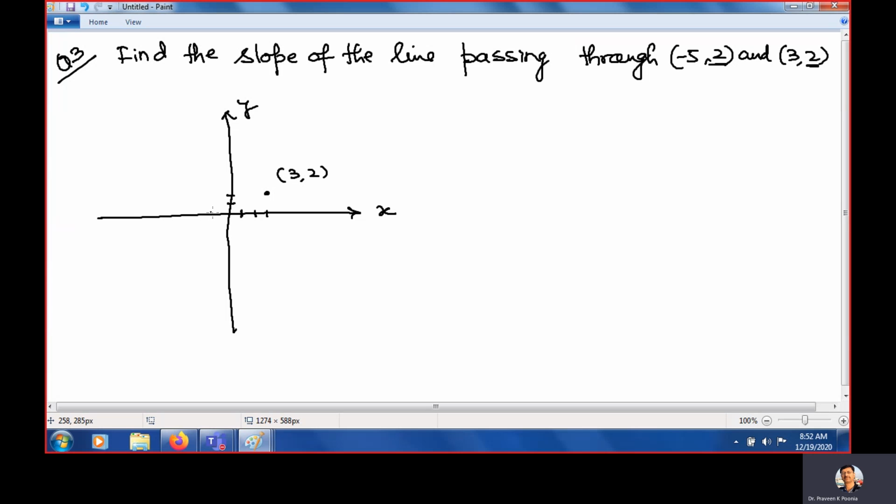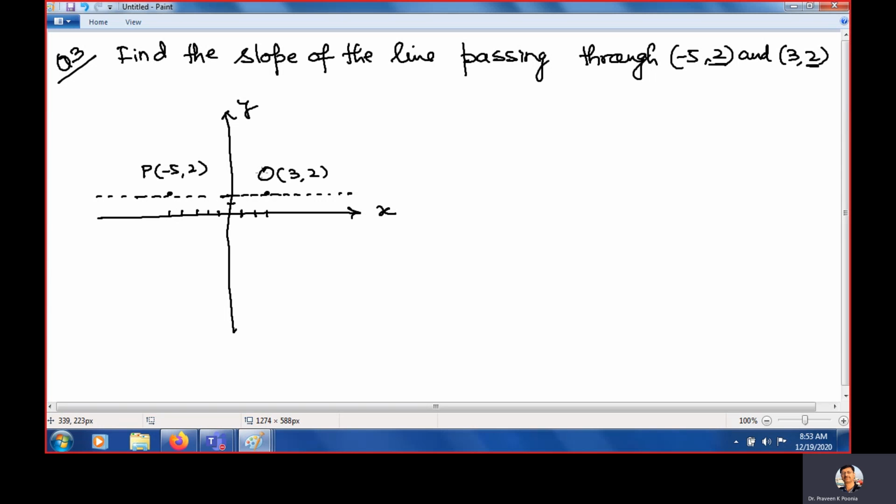And what is it? Minus 5. Minus 1, minus 2, minus 3, minus 4, minus 5. And minus 5, 2. This is minus 5, 2. Now if you will join this, this is a line parallel to x-axis. Clear? Parallel to x-axis, and parallel to x-axis means slope is 0.